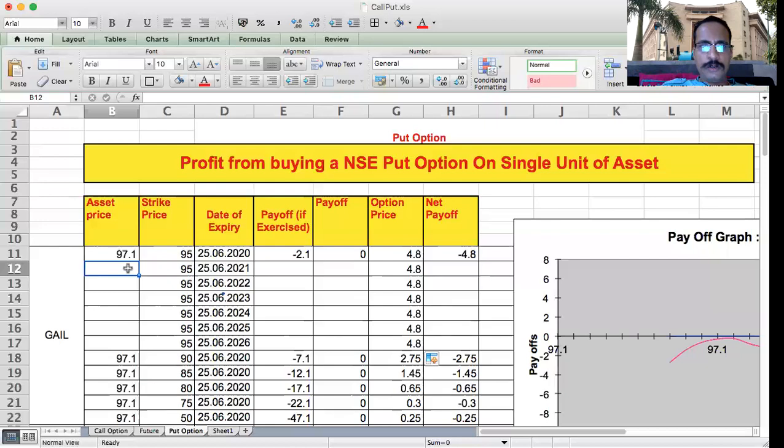Now it rises to 100, okay, it rises to 120, but then it can fall also. So let us see that particular thing, right?